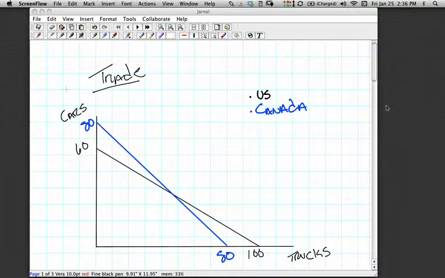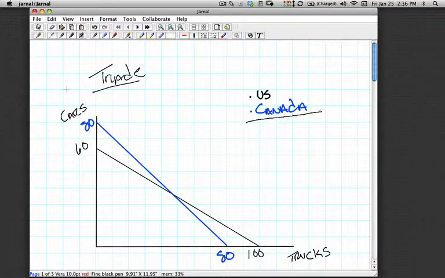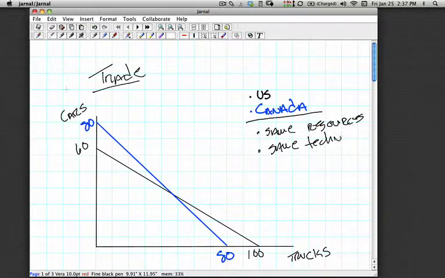Now, absolute advantage stems from the idea that for both participants, in our case, we're going to use Canada and the United States, they both have the same resources and same technology.